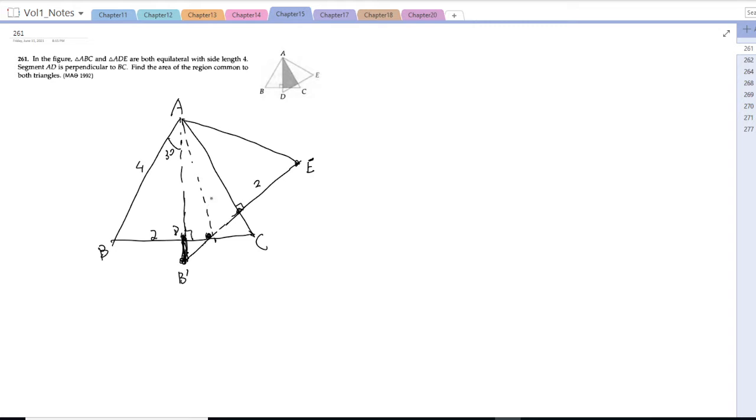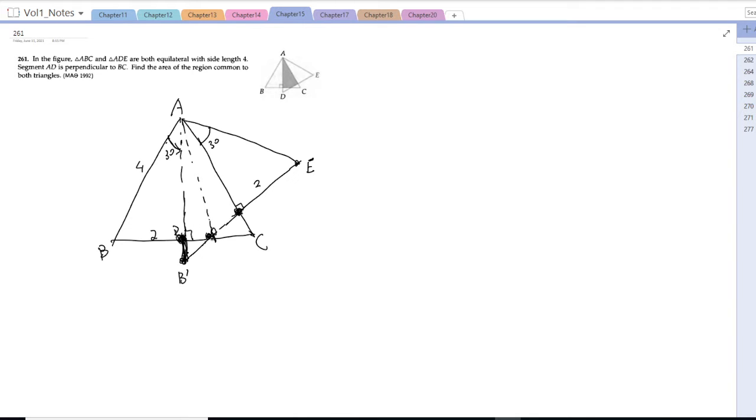Because this one rotating 30 degrees is here, this side rotating 30 degrees goes to here, and the center point D moves to this point, so this is the 30.